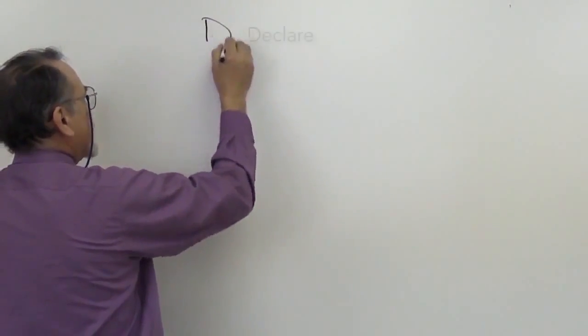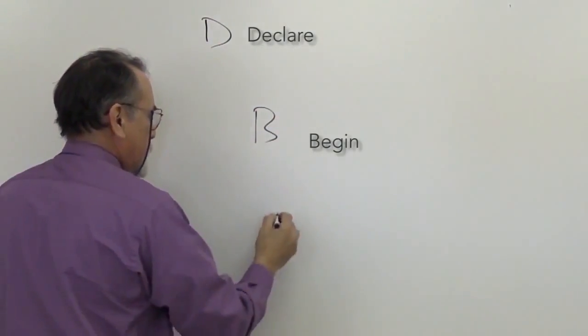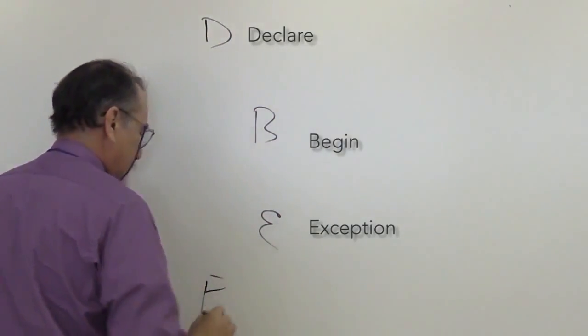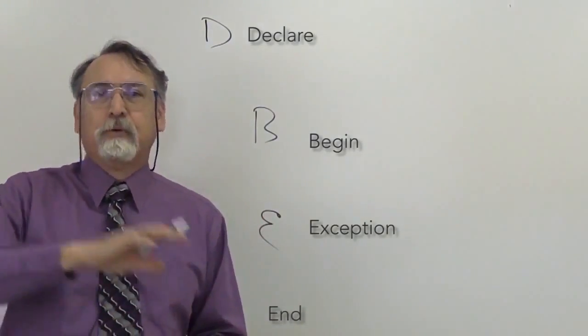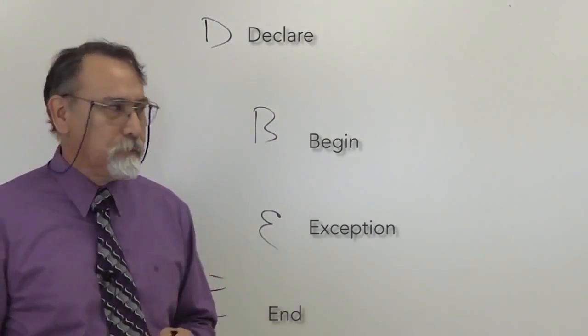So the cursor is that process, once again, that picks up and delivers, and that is encoded in the declare. So remember, you have the declare, the begin, the exception, and the end. This is the classic block structure that supports all of PL/SQL.